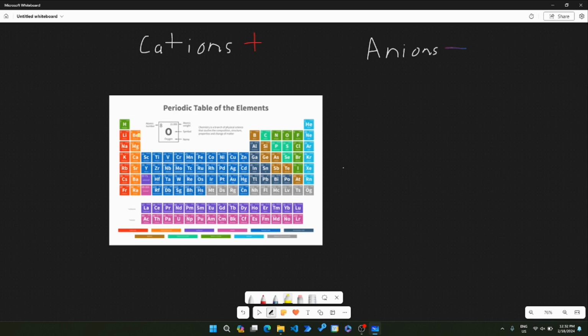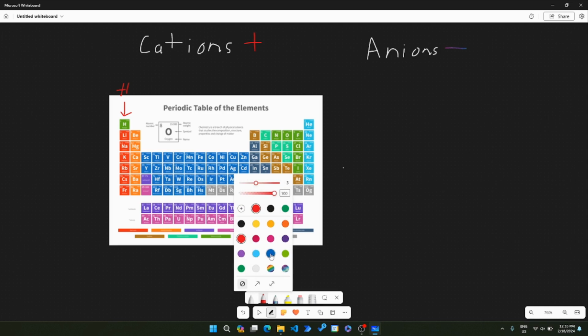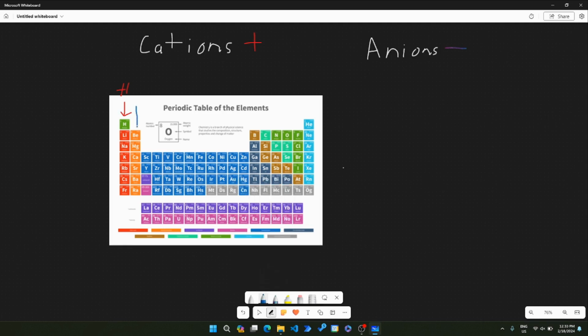For example, if you look at row 1, this row right here will always form a charge of +1 and +1 only. Row 2, we'll use blue, will form a charge of +2.